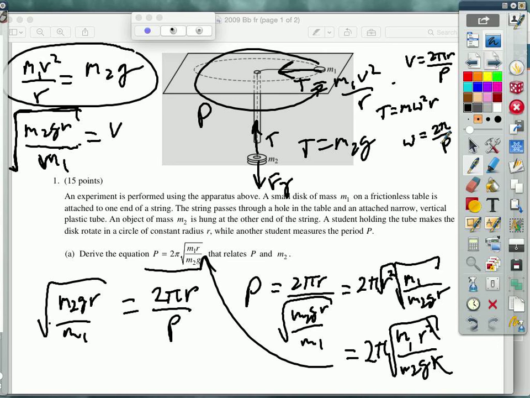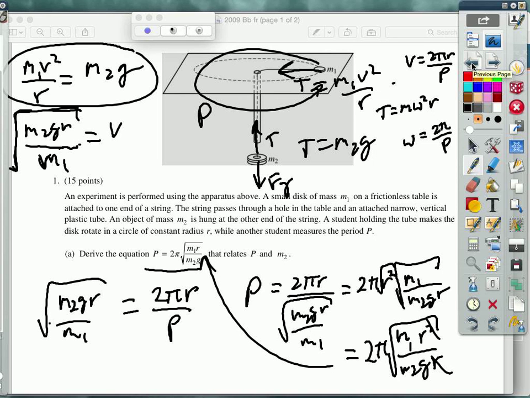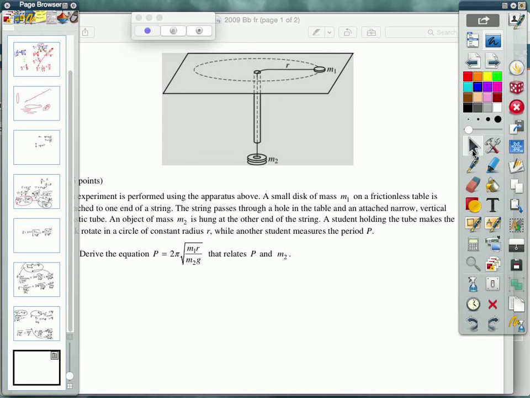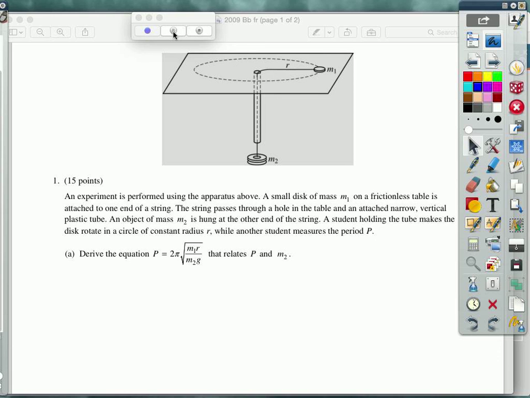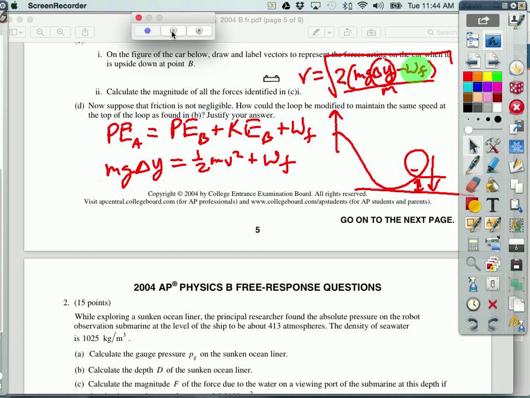And you do all the same stuff, just have that instead. Okay, so both are good? Does that make sense now? Because what I did was I said, okay, this is supposed to be V, but then what's V? V is 2 pi R over P. So either way it works. That was omega. Any questions?